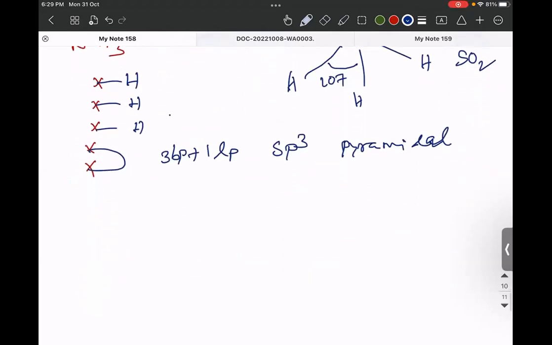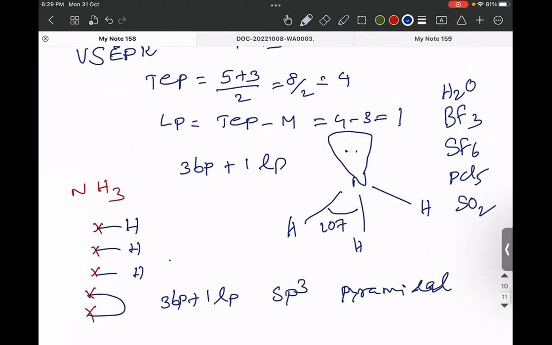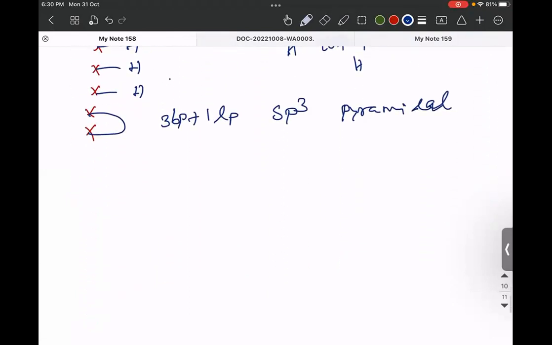So now you tell me which molecule we can take. Among these, shall we take PCl5? PCl5, phosphorus is the central atom. If you are writing the electronic configuration, what is the atomic number? 15.